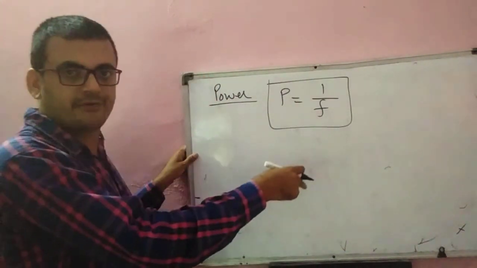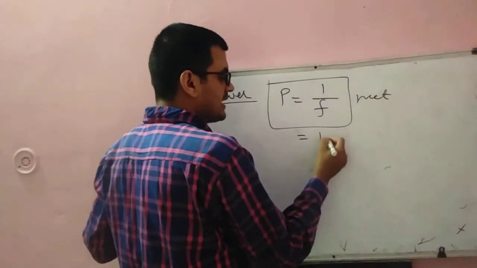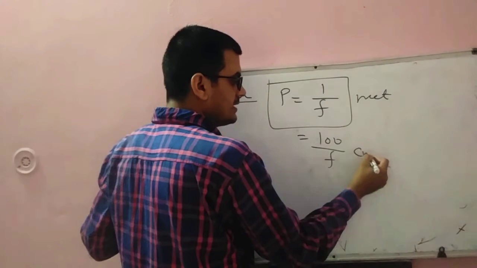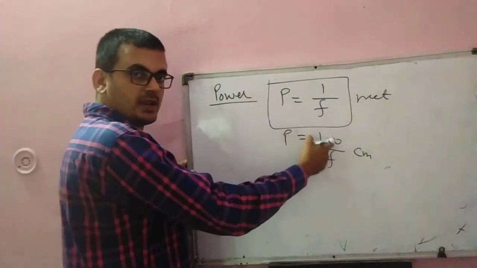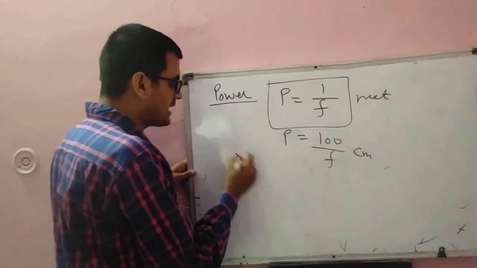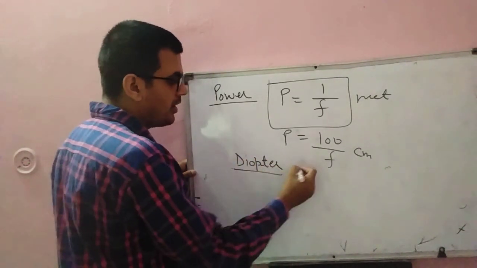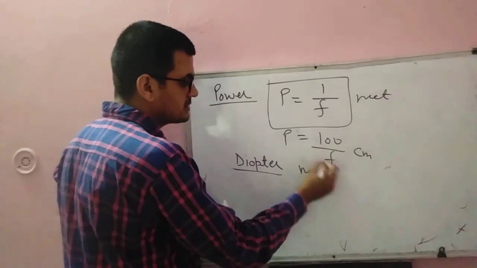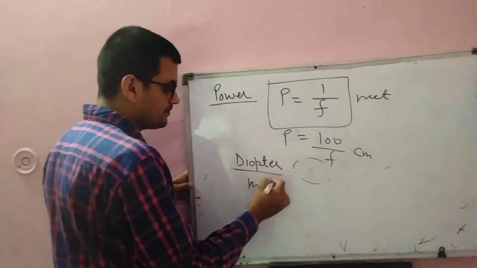P equal to 1 upon f, in meter. If you take in centimeter, P equal to 100 upon f. The reciprocal of focal length is called power, its unit is diopter, or meter inverse. You can take its unit as meter inverse also.